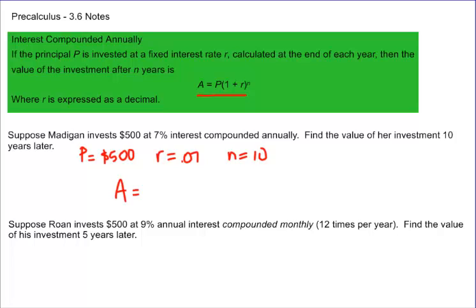And so our amount after 10 years, if you want to note it that way, would be 500 times 1 plus 0.07 to the 10th power. And you're just going to punch all that into your calculator. And when you do that, you end up with $983 and 58 cents.